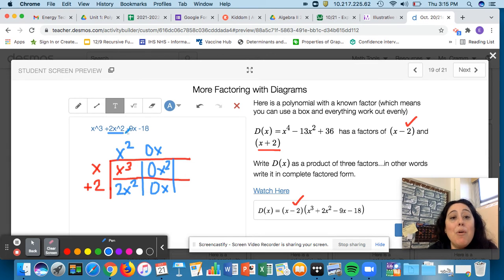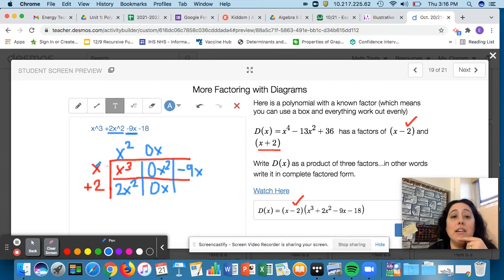Now I want negative 9x's and I have 0. So I'll need another negative 9x's so that when I combine these, negative 9x plus 0x will give me negative 9x. I know that's a little confusing, but the more you practice, the easier it will get.